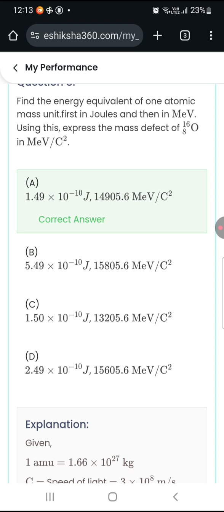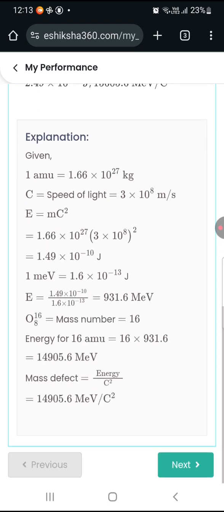Answer: 1.449 into 10 to the power minus 10 J, 931.5 MeV by c square. Explanation: 1 amu equals 1.66 into 10 to the power minus 27 kg. c equals the speed of light, which equals 3 into 10 to the power 8 m per second. E equals mc square.